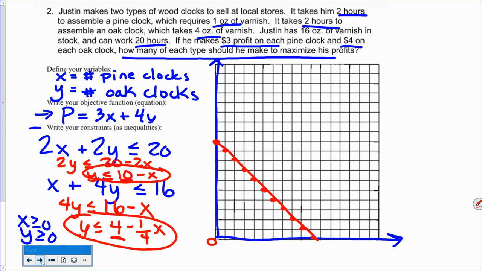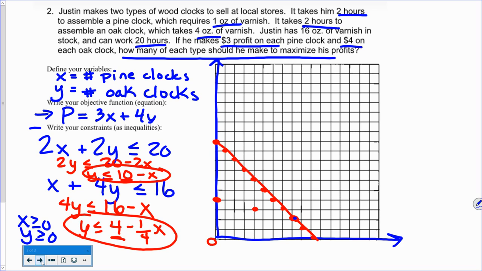The next inequality, the y-intercept is 4, so 1, 2, 3, 4. -1/4 is my slope, so I'll go down 1, right 4, down 1, right 4. I've got an intersection here.